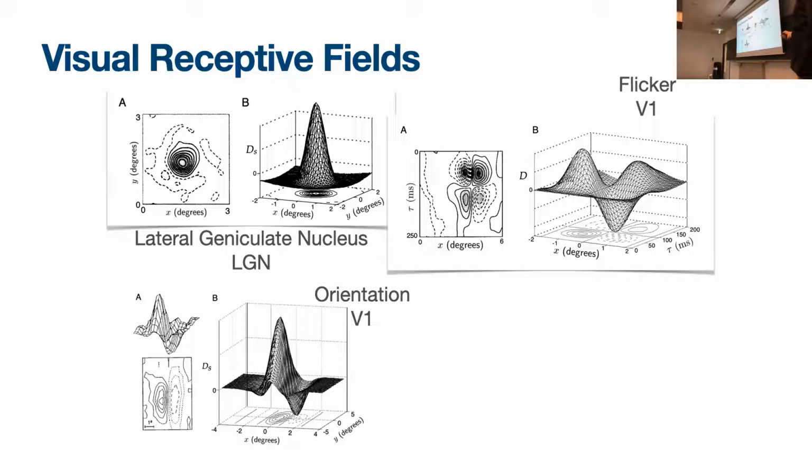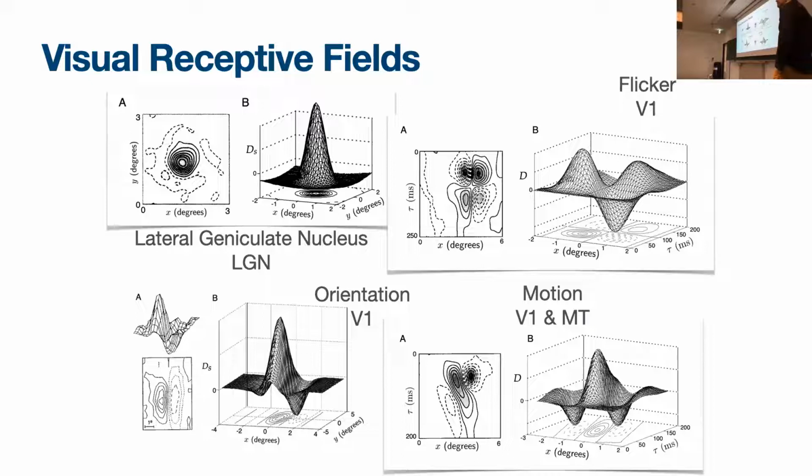Here, this is X and time. So this actually responds best if there is a transition at some rate. And then, like we just already saw in that direction selective cells, there's actually a specific region in the brain called MT for medial temporal, where most of the cells, if not all of them, are direction selective for movement. And that is to say, if you say X here and time here, really means that this cell will mostly fire when something is moving at that speed in that direction. Yeah.